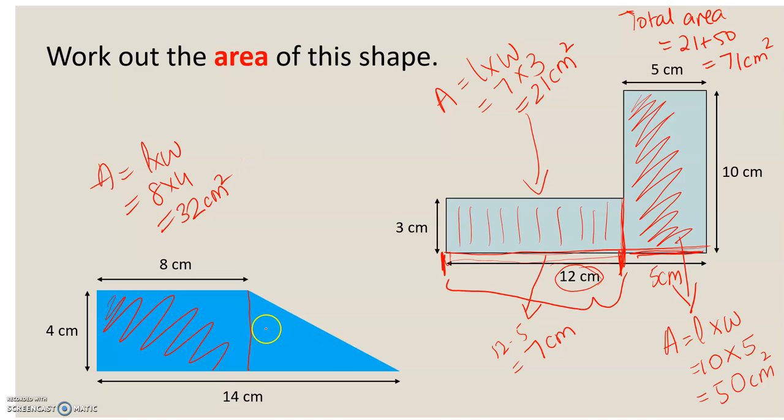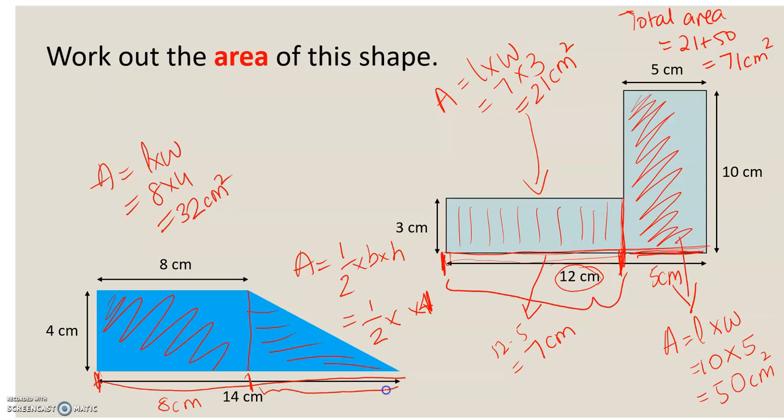And then to get the area of this triangle here, I know my formula is half times base times height. And in this case, my base and my height I can work out. So my height is 4 centimeters. And my base, again, similar to the previous question, I know the full length here is 14. But from here to here it's 8 centimeters, so I can work out this length here, that's 14 take away 8, which is 6.